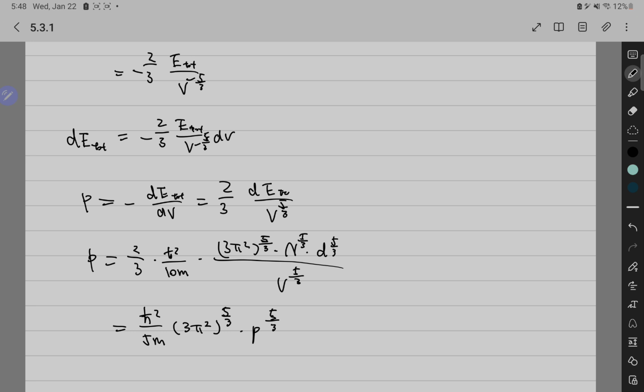The physical interpretation of this P is that this pressure arises from the Pauli exclusion principle, which prevents electrons from occupying the same quantum states. For example, I've used this example in my previous video, which is a neutron star. When gravity keeps collapsing and pulling everything towards each other, eventually you bring all these electrons together into such an enclosed space.